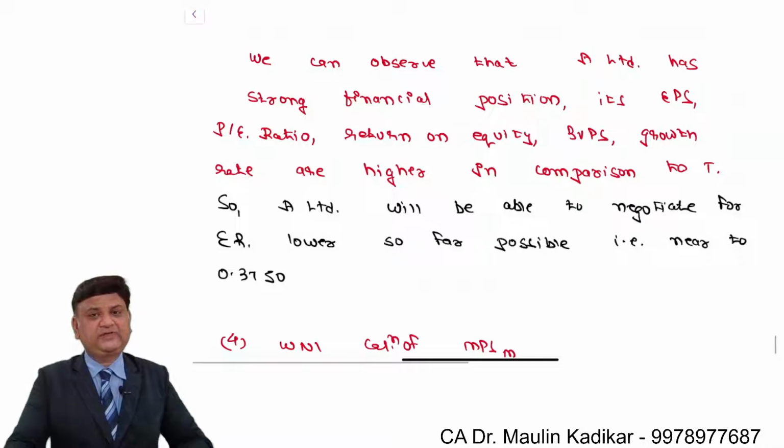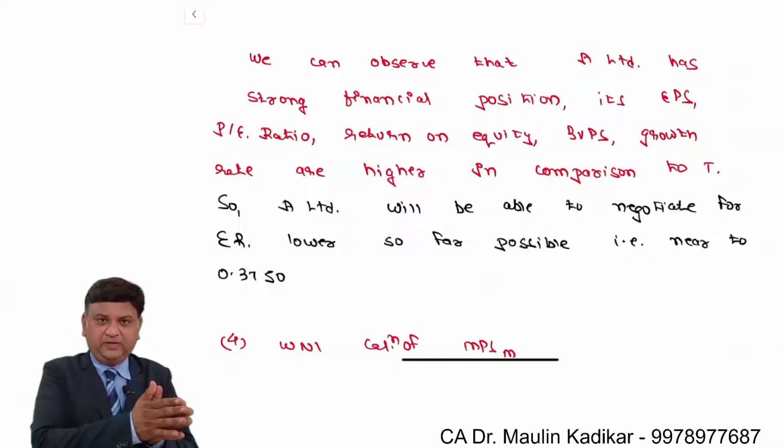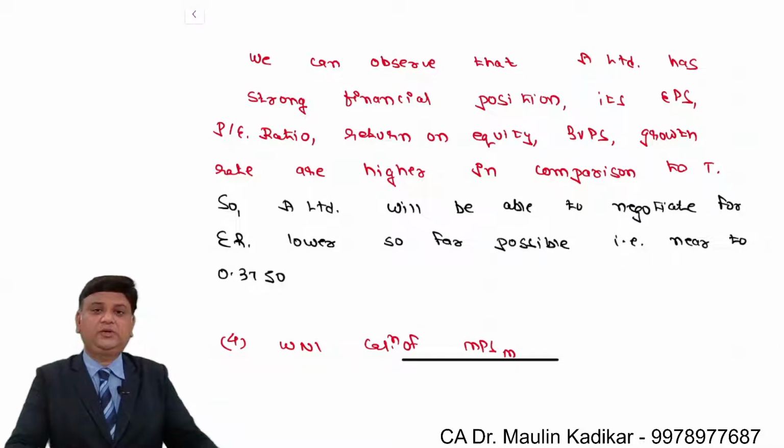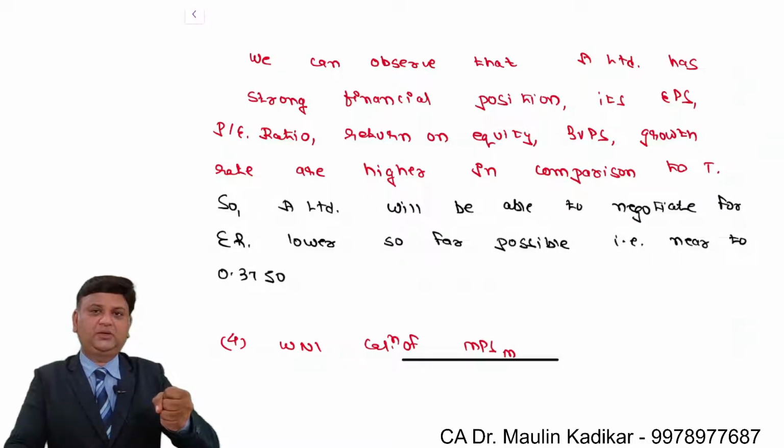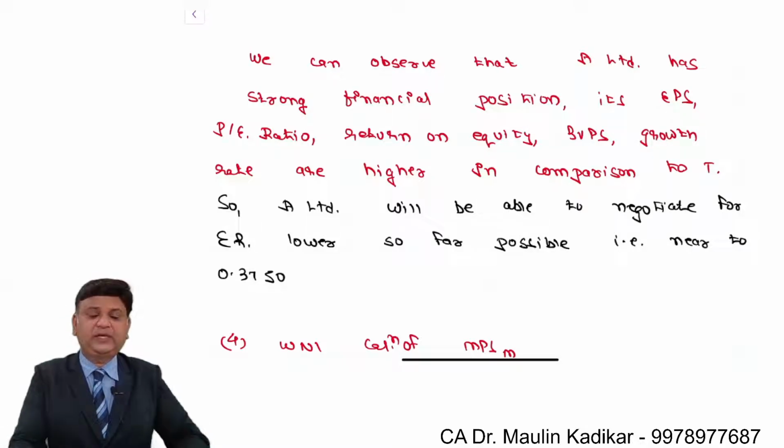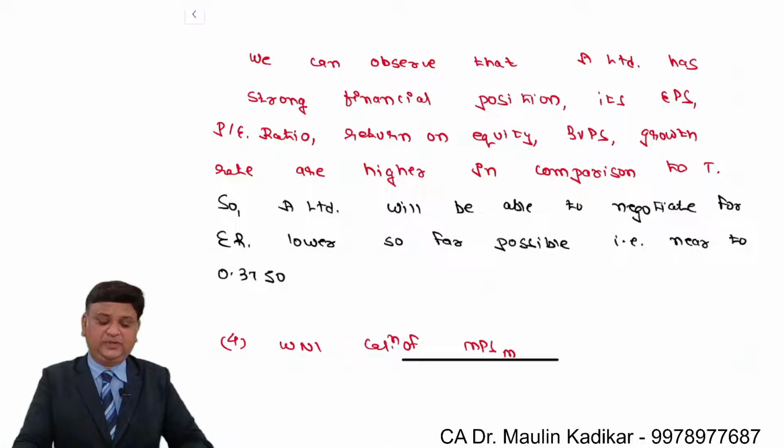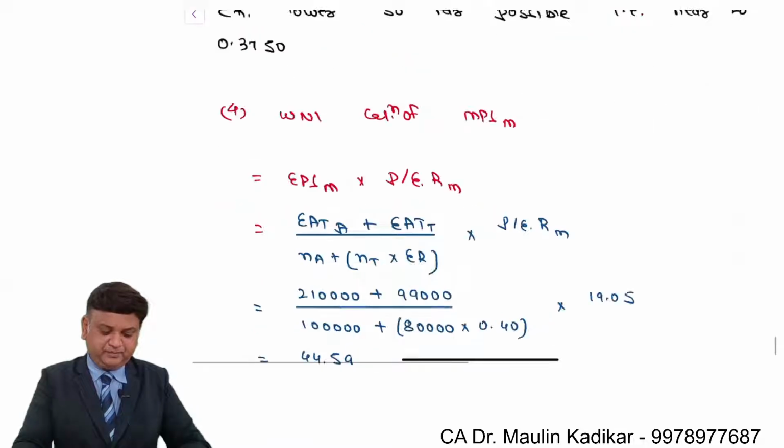The reasoning why the exchange ratio will remain near to the lower one is also important. Why? Because we understand that the acquiring company has such a stronger financial position. So it will be able to negotiate better and it will be able to keep the exchange ratio as low as possible. That is the reason.